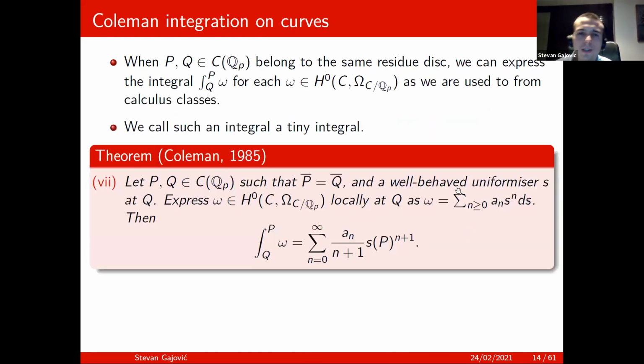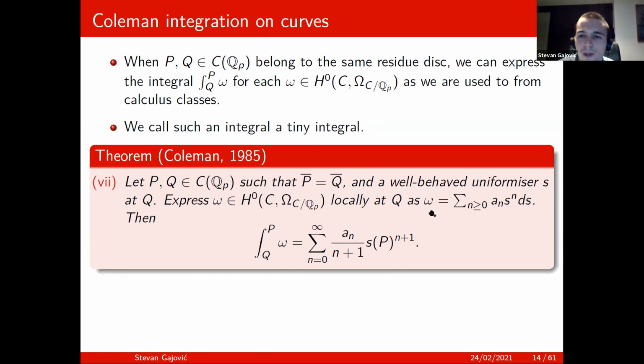In this case, if we are in the same residue disk, we call these integrals tiny integrals. We can compute the integral as we learned so far: integrate it and then replace endpoints.